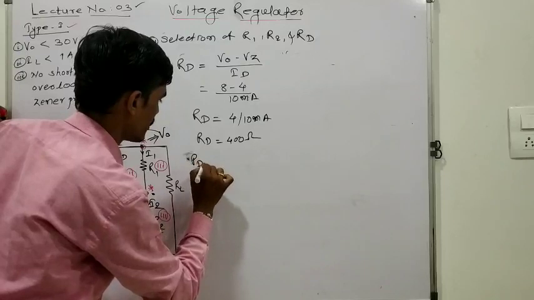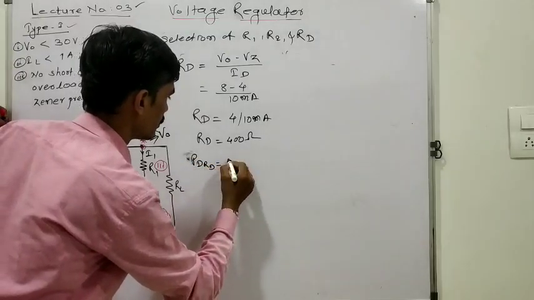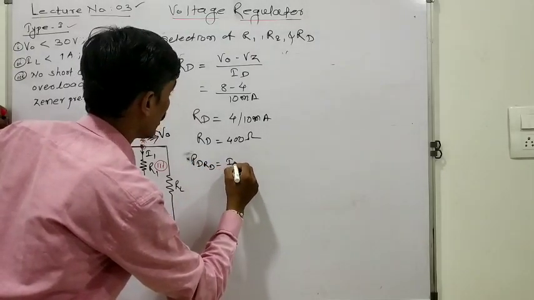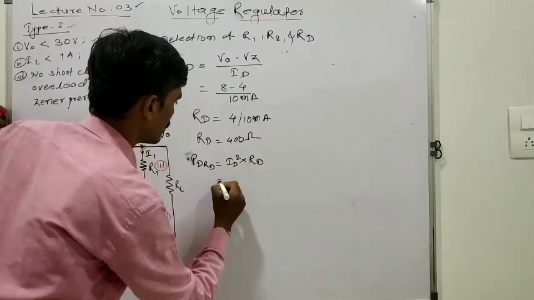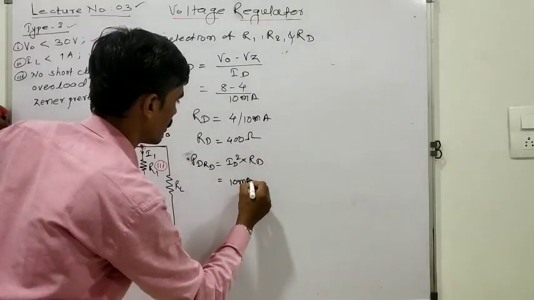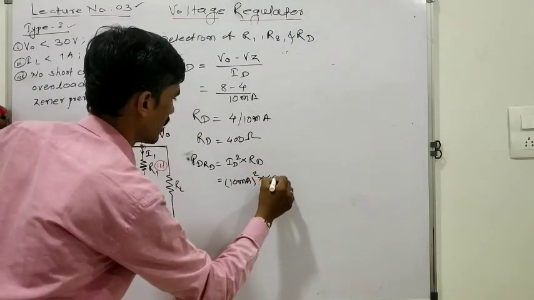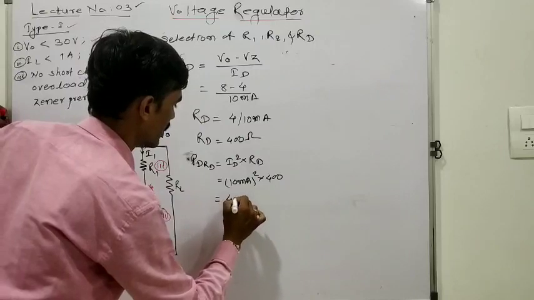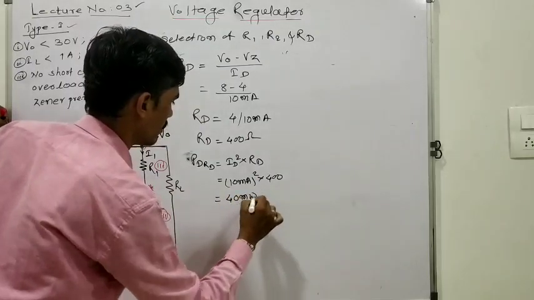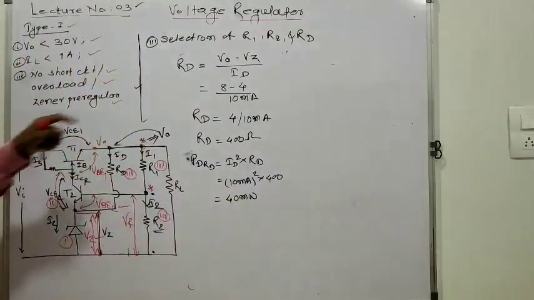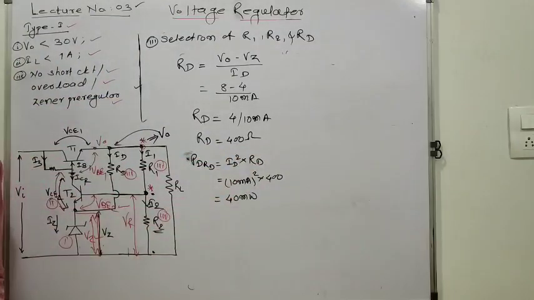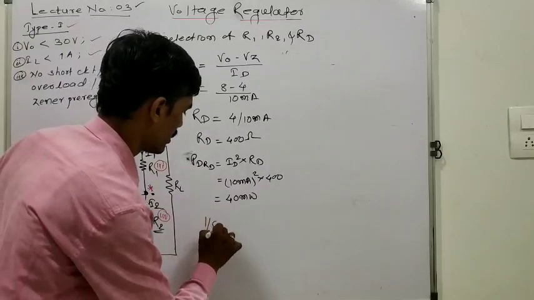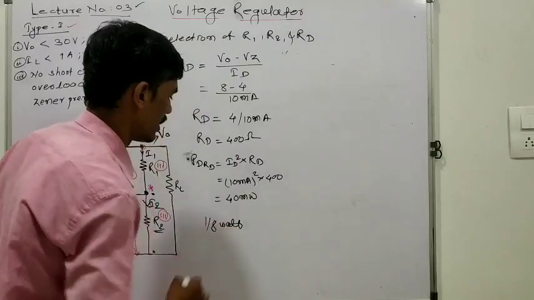The next part is to calculate the power dissipation similarly. The power dissipation across RD is ID square multiplied by RD. So it is 10 milliampere square multiplied by 400. So we get 40 milliwatt. So select a resistance RD of 400 ohm with power dissipation of 40 milliwatt, so we select a power rating of 1 by 8 watt.